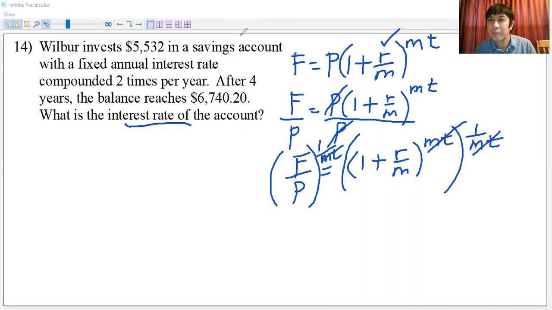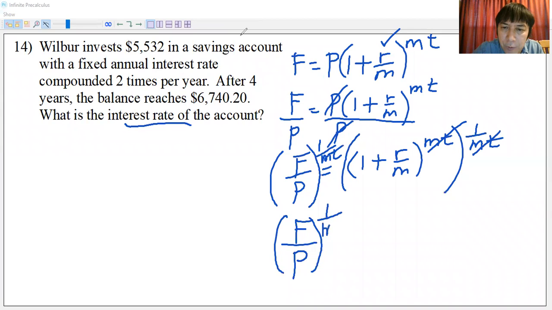And we will have the left side, F over P, raised to the power 1 over MT. And now the right side will just be 1 plus R over M. So we were able to isolate the R. We will just subtract 1 from both sides and multiply by M, and we have the formula.